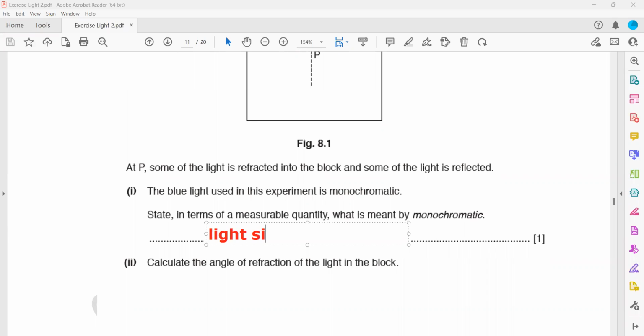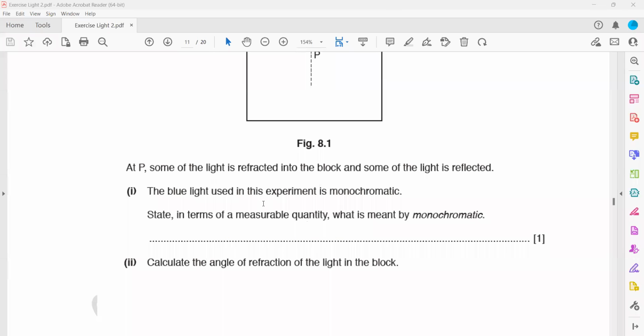Single frequency and wavelength. Light with a single frequency or light with a single wavelength, but don't say light with a single color or one color. That is wrong. Why is it wrong? Because even colors have different shades and a different range of frequency. Red does not have a specific wavelength. There is a range in which the red color lies.